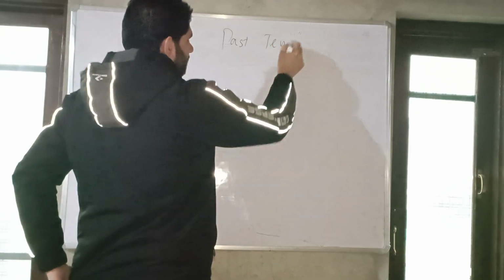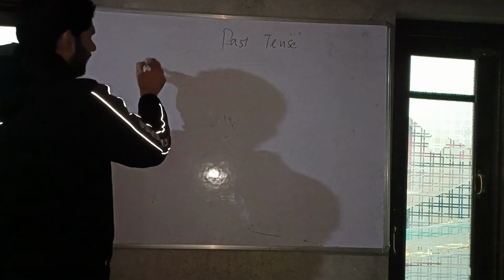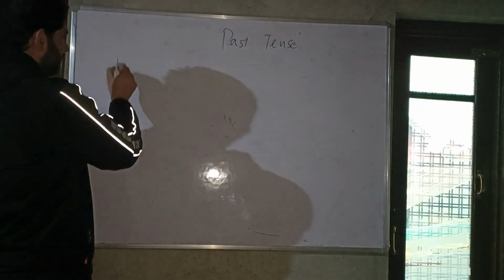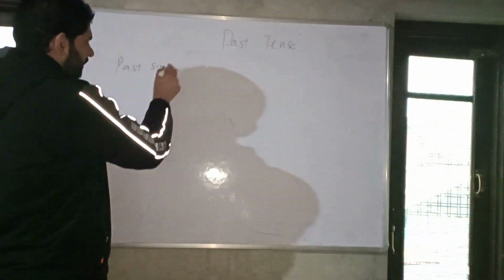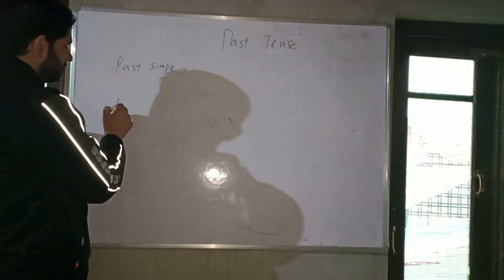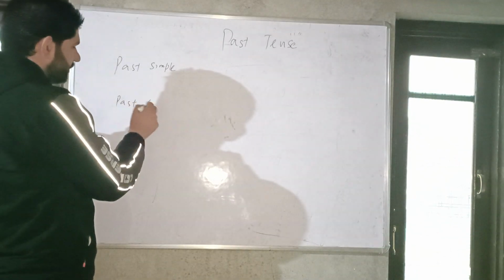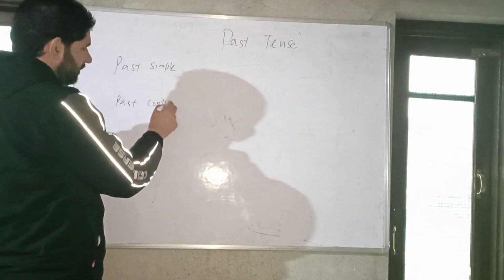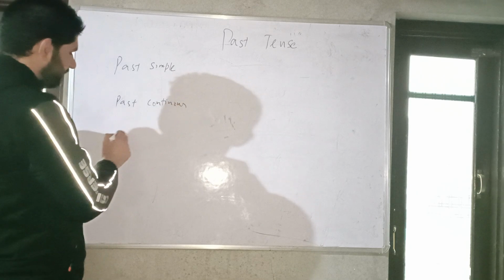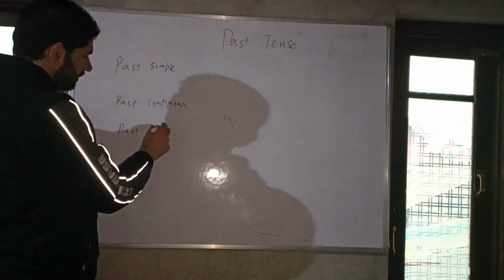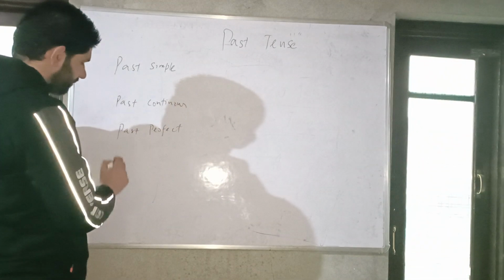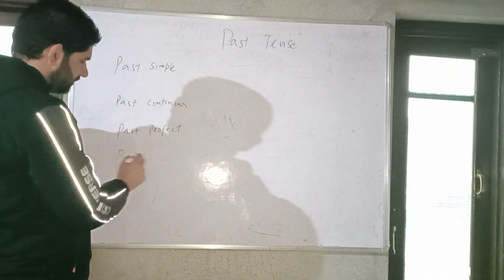So, past tense, we have past simple, then we will write here past continuous, and then past perfect, and then past perfect continuous.